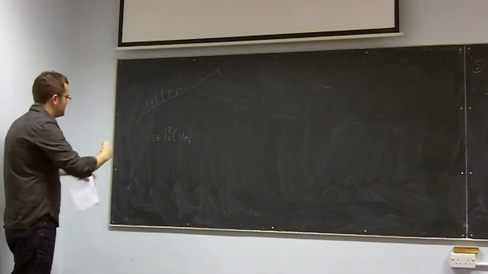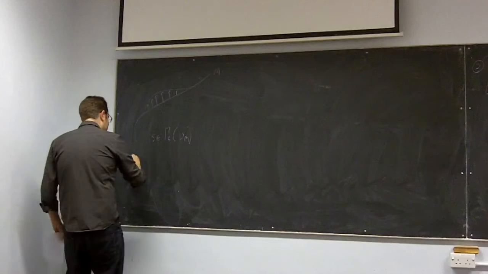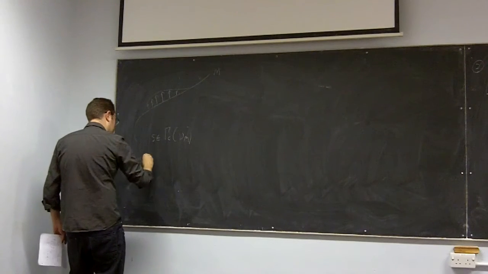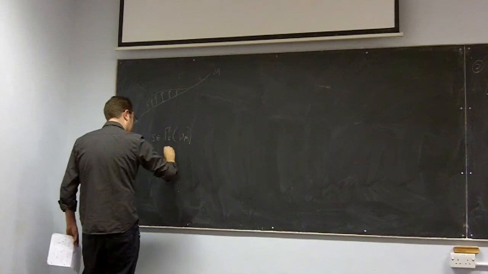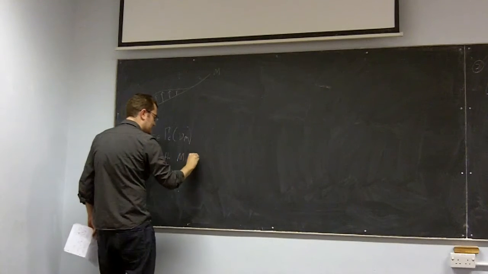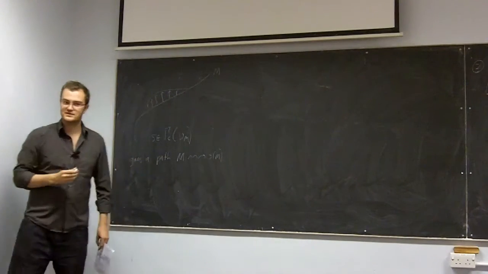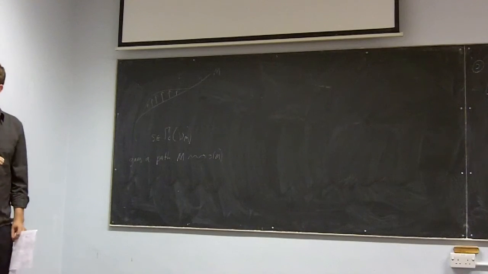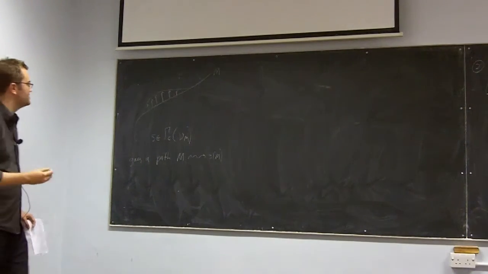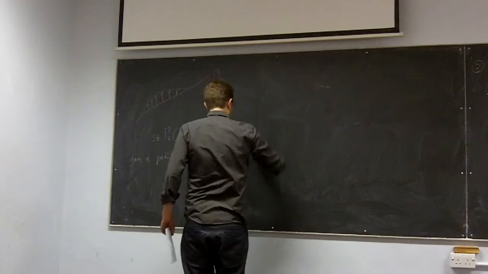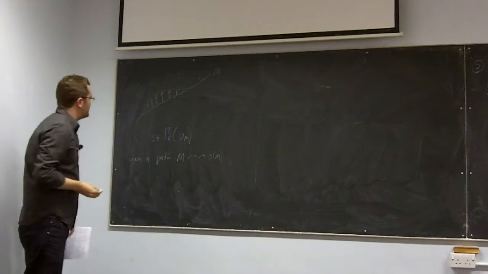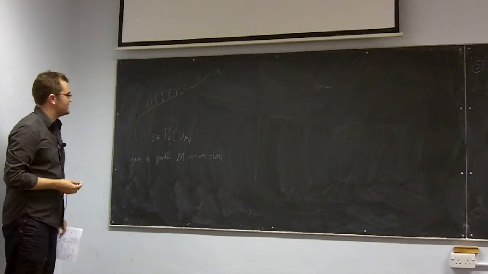Right? So it just pushes it off like that. And I'd like to say that this gives a path starting at M and going to S of M, just by scaling the section. I'd like that to be a continuous path in this topology. So that's something I'm allowed to do. And I don't imagine anyone would have any objection about that.